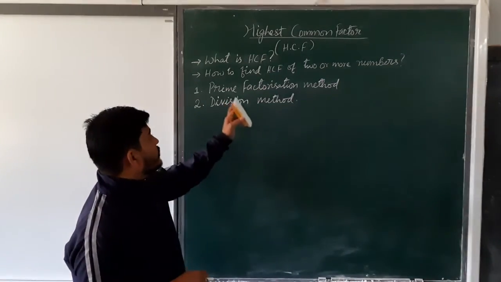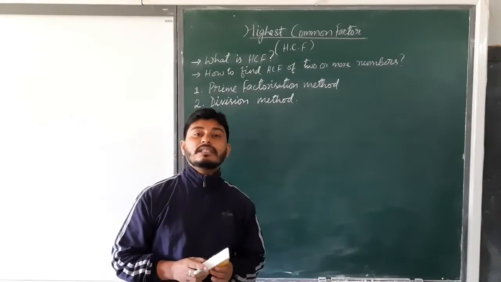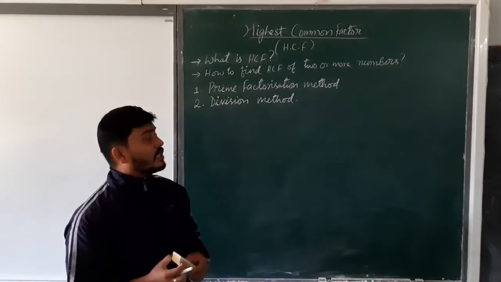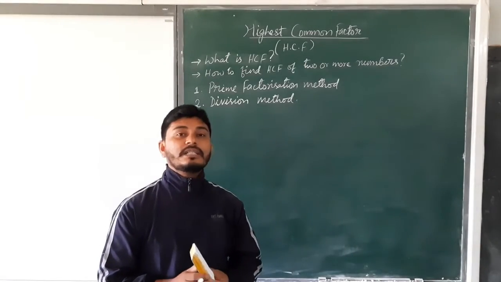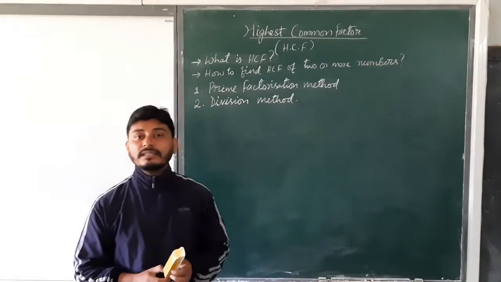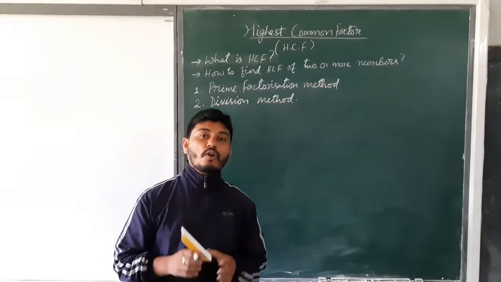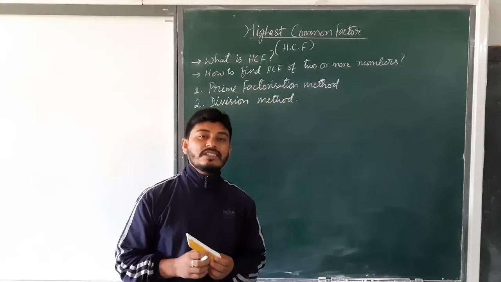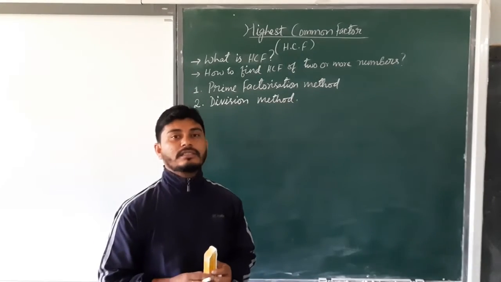Okay, so to define the prime factorization method, it is the method in which first we find the prime factorization of the given numbers and then we multiply the common factors of the given numbers using the least power of the common factors.